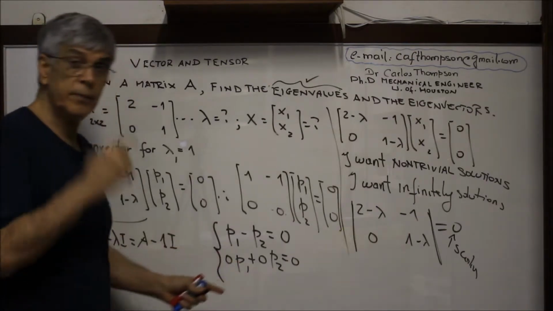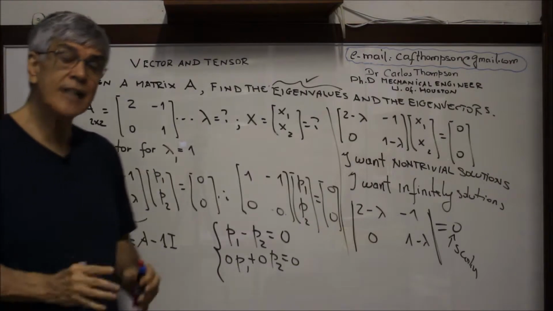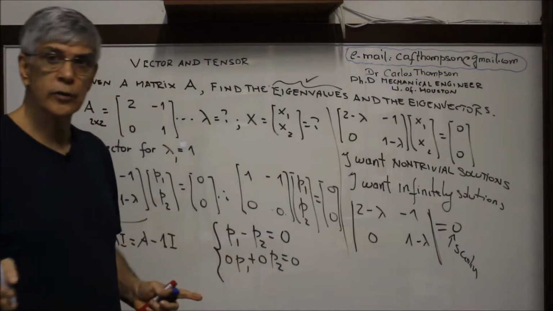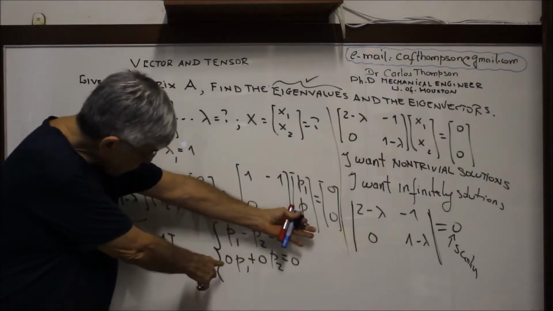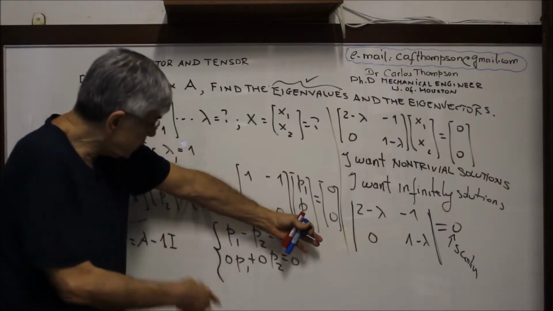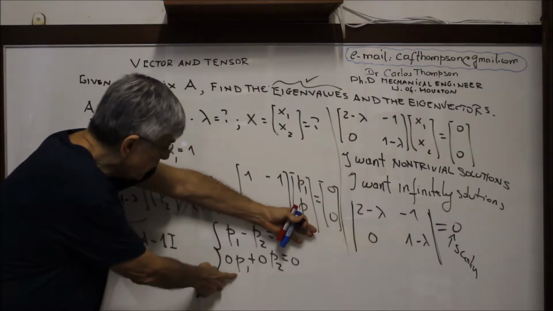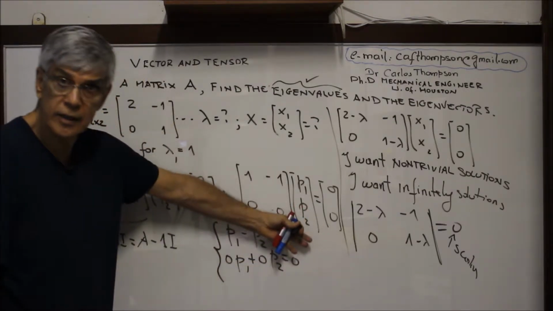Now, this is a system. P1 and P2 must satisfy both equations. For instance, in this equation, if P1 is 1000 and P2 is minus 500, it satisfies because 0 times 1000 plus 0 times 500 is 0.